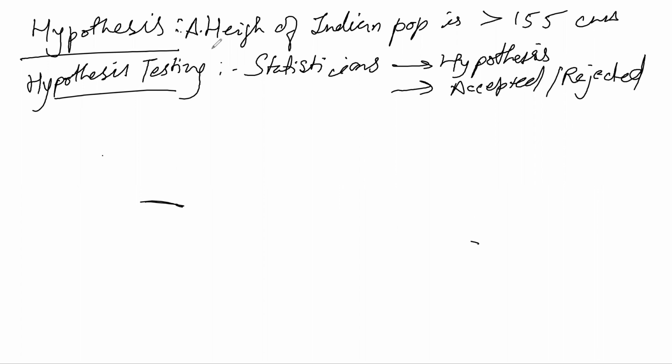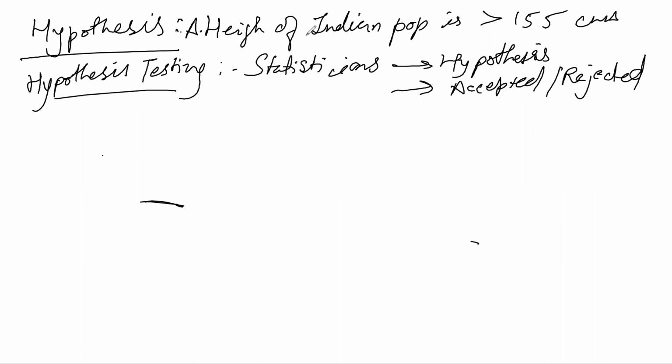So this was hypothesis. An example of hypothesis is that average height of Indian population is greater than 155 centimeters. And hypothesis testing is where we have to test whether this hypothesis should be accepted or rejected, right?